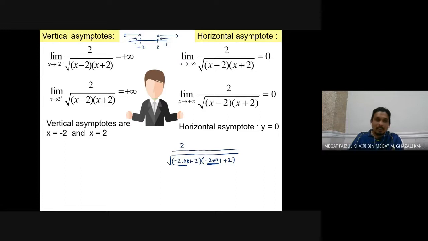Okay, good. And you may also test when x approaches 2 from the right. So from 4, 3, 2.5, 2.2, 2.1, 2.01, 2.001. You substitute 2.001 here.